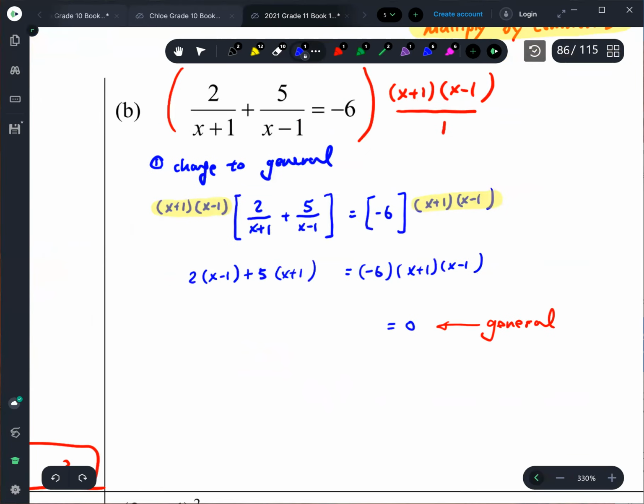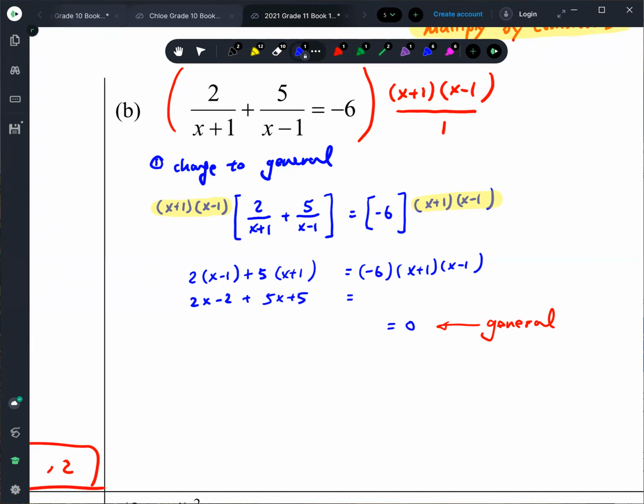Okay, well, I will expand the left side, okay, slowly. 2x minus 2 plus 5x plus 5. Okay, has anyone already expanded the right side?